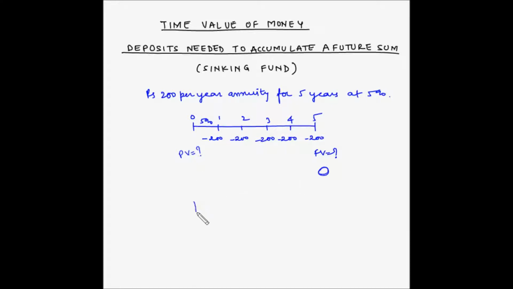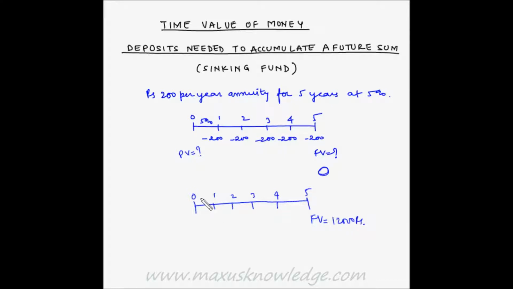So consider another example. Let's say we know that at the end of 5 years, so the tenure is 5 years, we want to have the value of fund equal to 12,000 rupees. And let's say the bank pays 5% interest per annum.